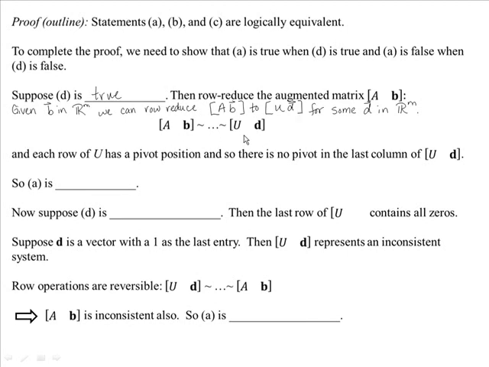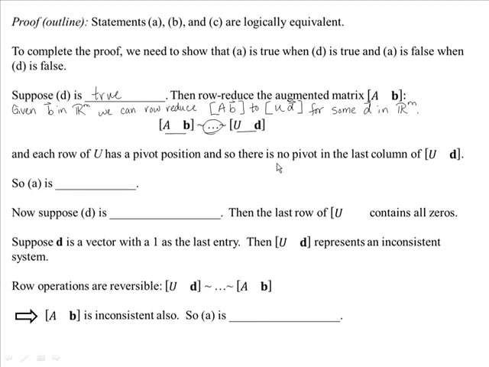That's what this is saying here, that we are using some row reduction to reduce our matrix [A b] to a new matrix [U d]. And each row of U has a pivot position, since we assumed to begin with that D was true, meaning that A had a pivot in every row. Just by doing row operations, we didn't change the fact that going from our matrix A to this new matrix U, we still have a pivot in every row.